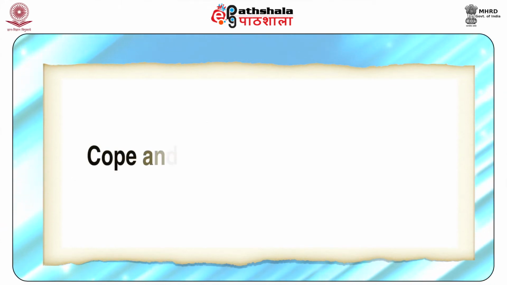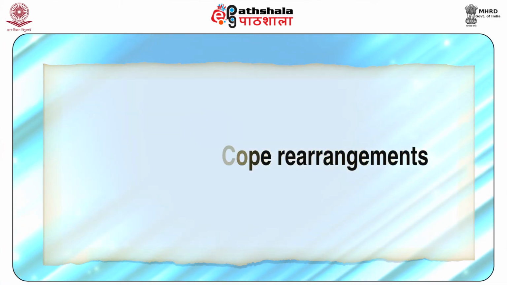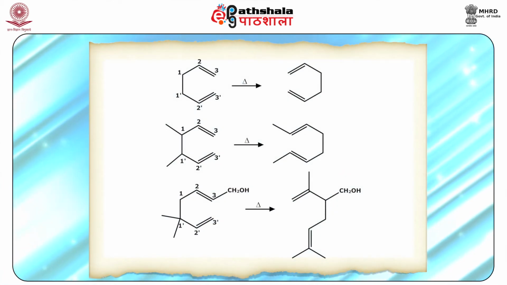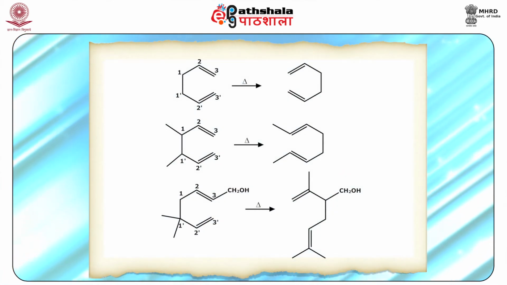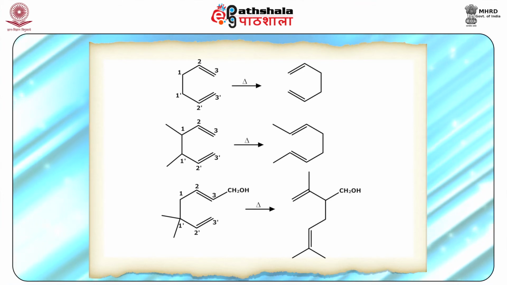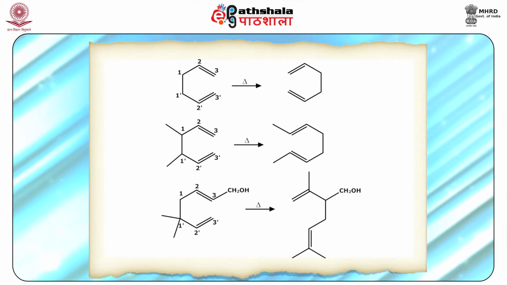Now let us talk about Cope and aza-Cope rearrangements. Cope rearrangement is a well-known reaction involving the 3,3 sigmatropic rearrangement of 1,5-dienes. These rearrangements can be performed thermally or photochemically.